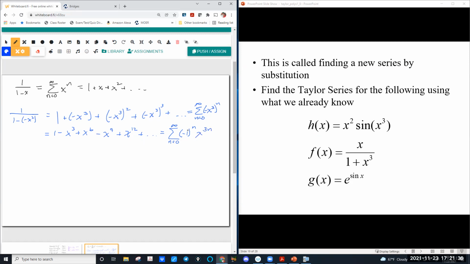We can see the alternating plus, minus, plus, minus works, and x to the 3n, when n is 0, we get 1. When n is 1, we get x cubed. When n is 2, we get x to the 6th. So we have now found the Taylor expansion for 1 over 1 plus x cubed.